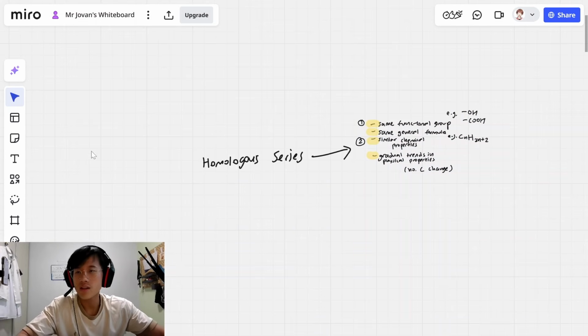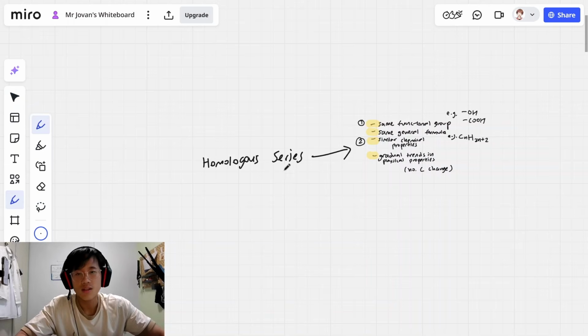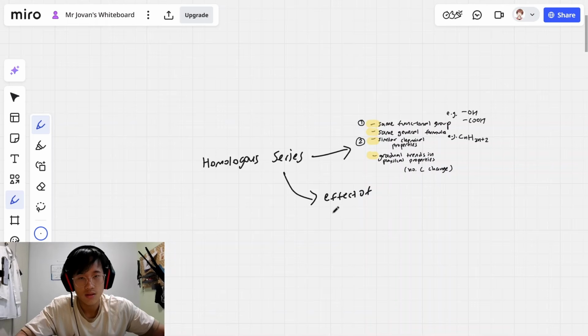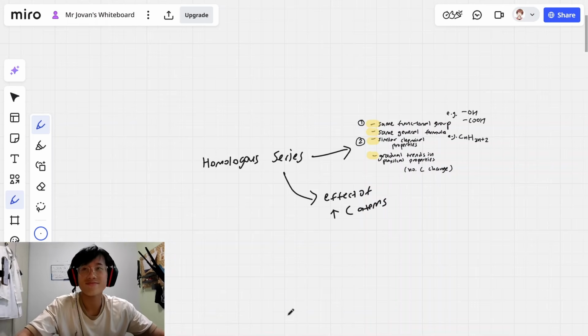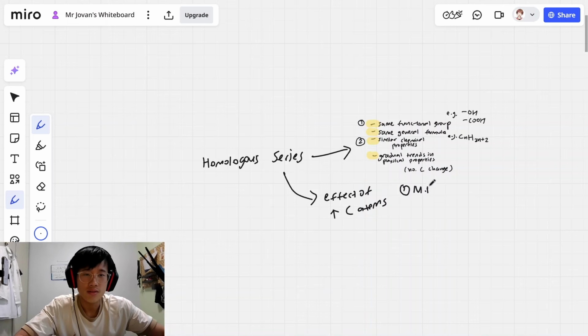Now, we just learned about carbon atoms, right? Increasing carbon atoms. Can you tell me what was it? Number one, melting and boiling point. Increase or decrease? Increase.